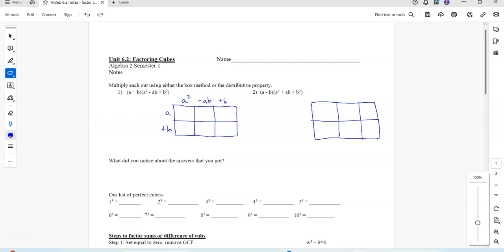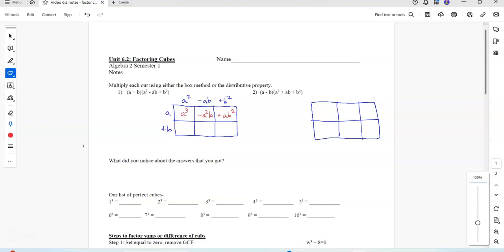All right, so when I look at this, what I'm going to do is first multiply length and width. So a times a squared will give me a cubed. Then I take a times negative ab, add the exponents on the a's, negative a squared b. Then you take a times b squared, positive ab squared.